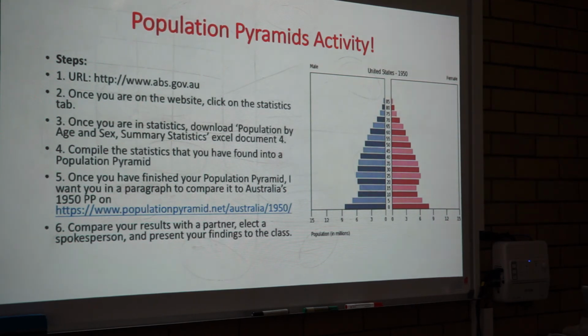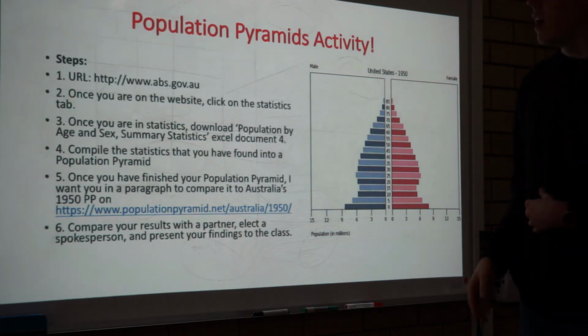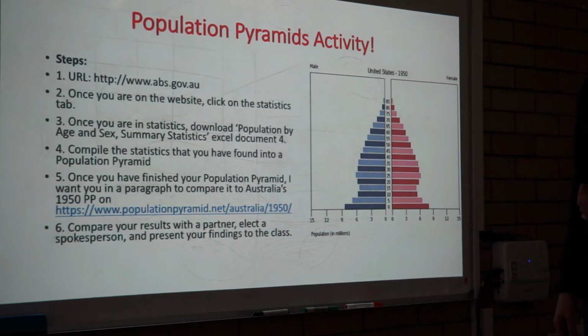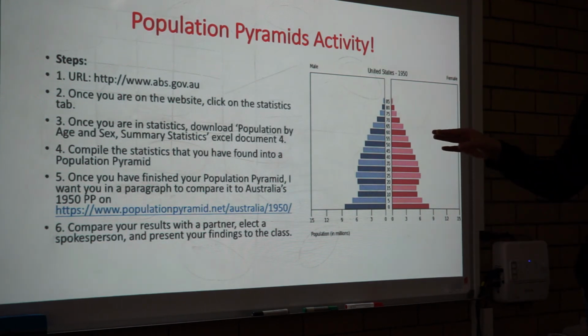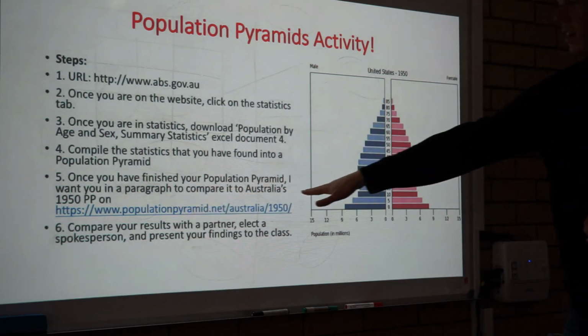Once you have found this information, I want you to compile the statistics that you have found into a population pyramid on a piece of graph paper that I will give out to you in a minute. Once you have finished your population pyramid, I want you to, in a paragraph, compare it to Australia's 1950 population pyramid on this website URL here.